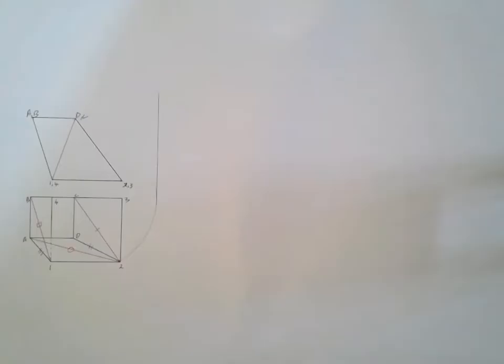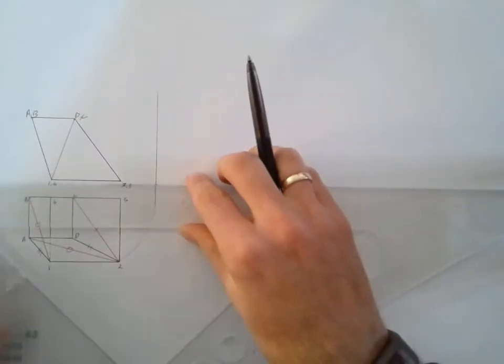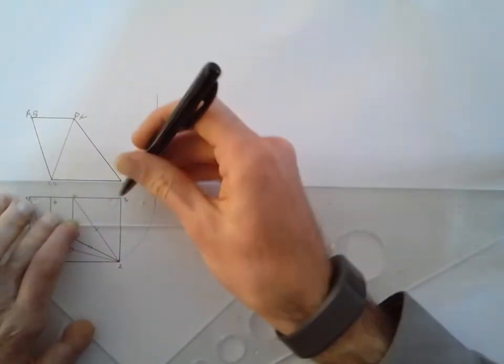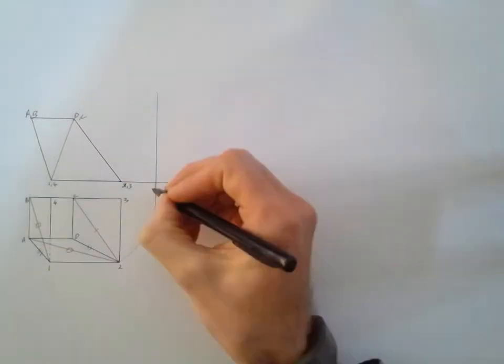And now because you are projecting a point which is on the base, point 2, you're going to join that projected line up with the baseline in your front view. Okay, and then mark that point.